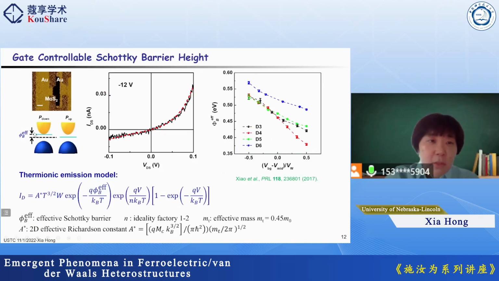When we tune the backgate, we are tuning the voltage of both sides of the channel, so we can modulate the Schottky barrier. We use a thermionic emission model to model the I-V and extract the effective Schottky barrier height, and show that in a single sample we can tune the Schottky barrier from 350 to 550 millivolts.